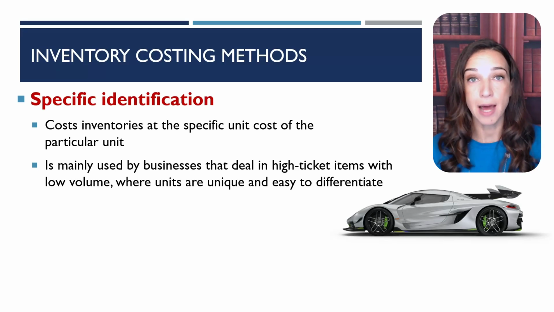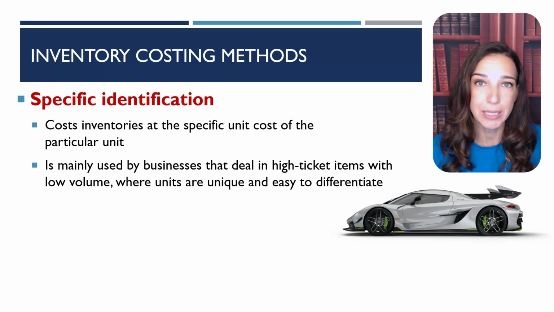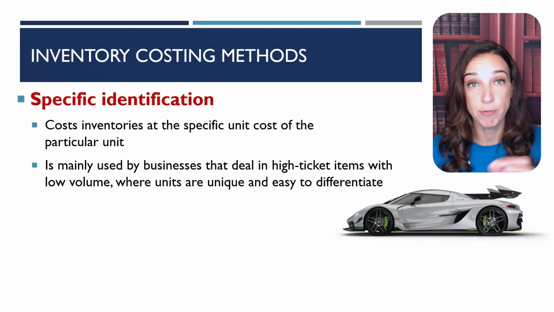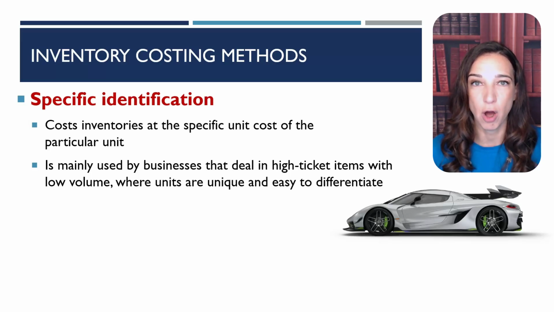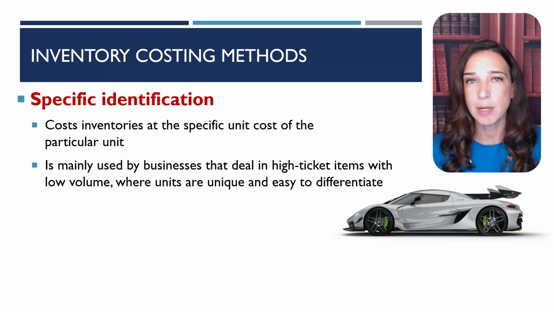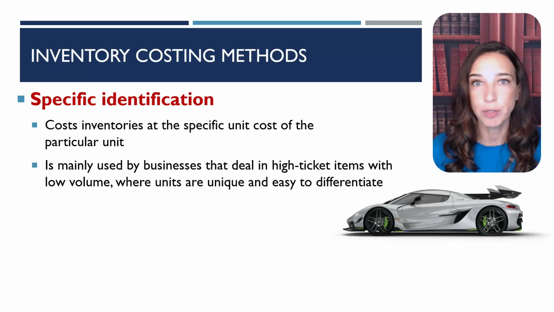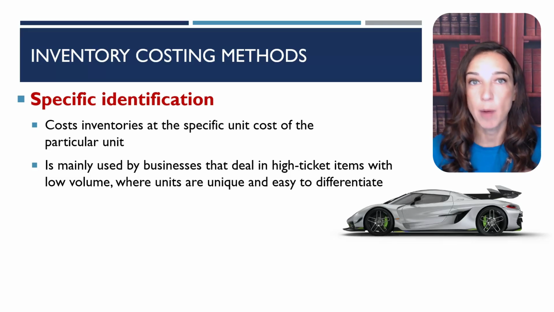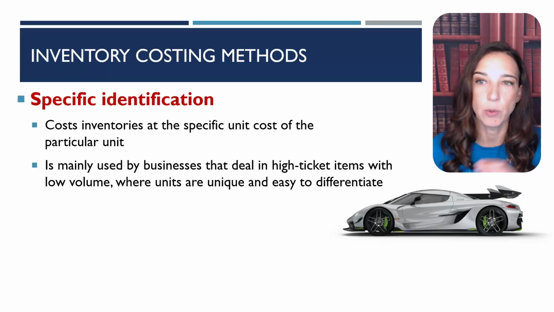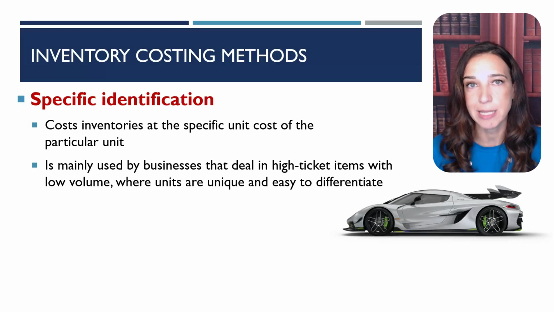In reality, it is not commonly used because this methodology only makes sense for companies that typically deal with really low volume items where the units are very specifically identified and tracked through the system. So usually when we illustrate what type of business would deal with this, we think about luxury items, like luxury automobiles or luxury jewelry, where the company does a very precise job tracking the specific inputs, and those specific inputs are then tracked into the item itself until it is sold.